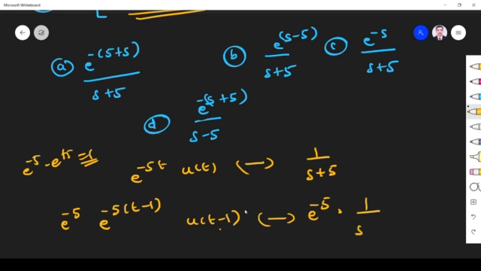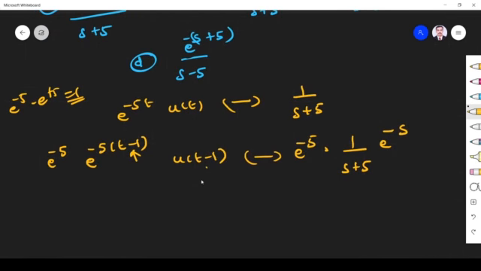It is shifted, so the time shifting property applies. Time shifting property means the denominator will be the same and that must be multiplied by e power minus s because it is shifted by 1 unit. So it will be e power minus s.